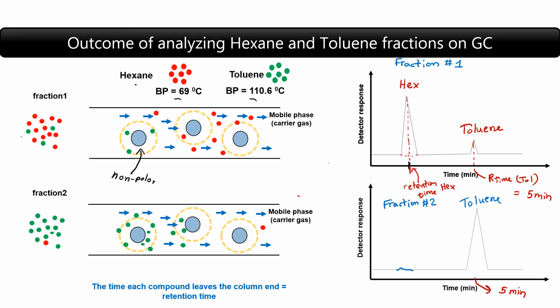And you're supposed to break out these retention times for each peak. And in the next slide, I'm going to show you how we get the composition of each of these compounds in the mixture by calculating the area under these peaks.